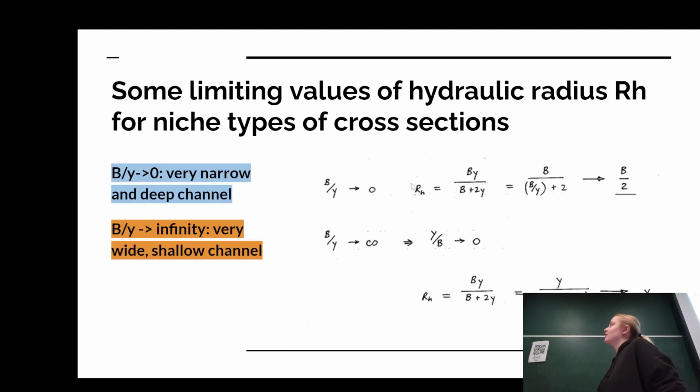I've also got a note here on some limiting values for hydraulic radius calculations for specific types of cross sections. Sometimes in your question you might be asked to find the optimal cross section of a channel that's very narrow and very deep. In that case, remembering that the width of our channel is B and the depth of water in that channel is Y, our B over Y value approaches 0.